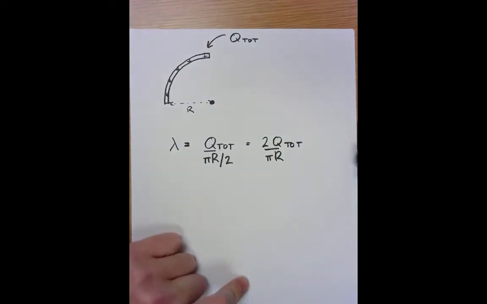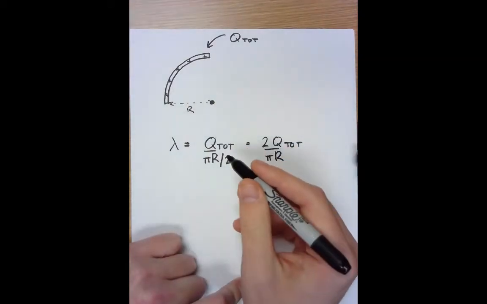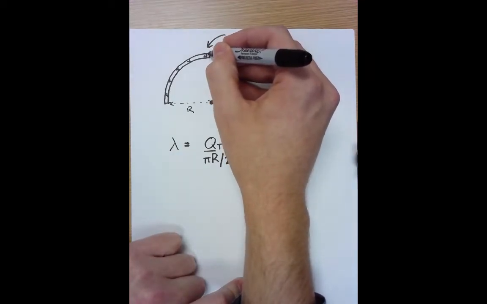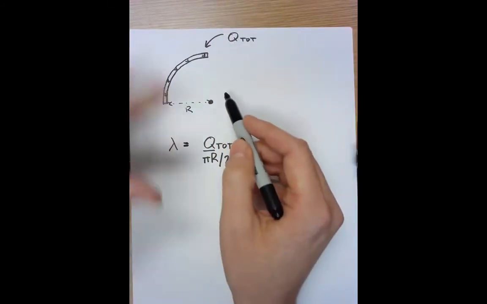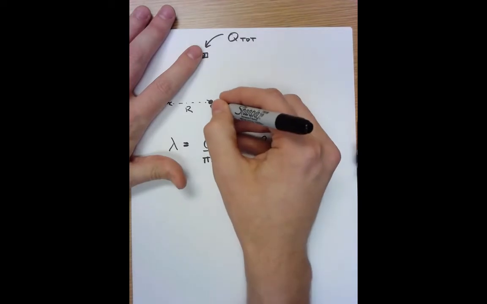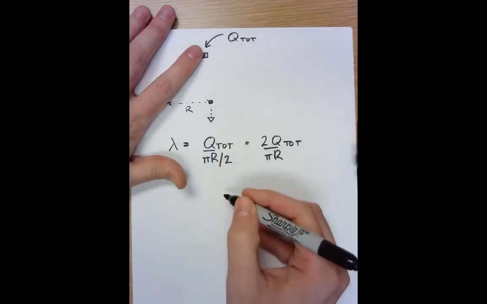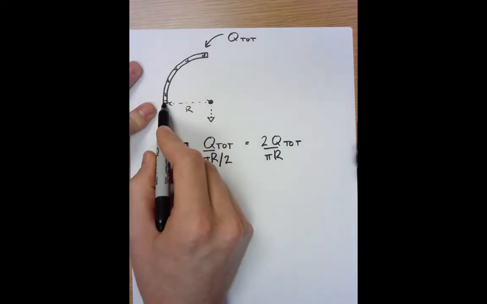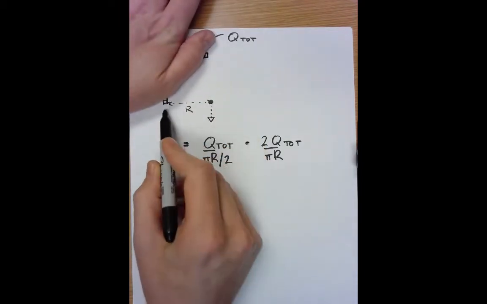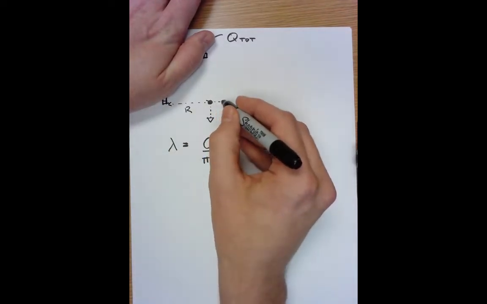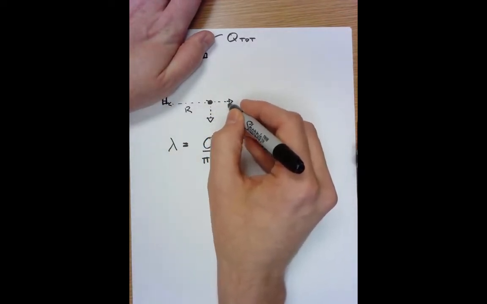Well, if you imagine a little piece of charge up here, and if we only consider this piece of charge, that's directly above this point, so the field due to that piece of charge will be pointing directly down. The field due to this piece of charge here, if we just consider this piece of charge directly to the left of this point here, the field due to that is going to point to the right.